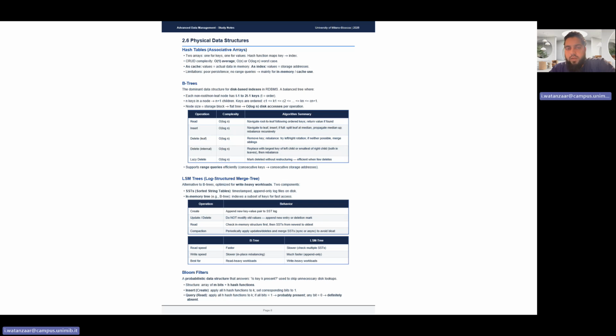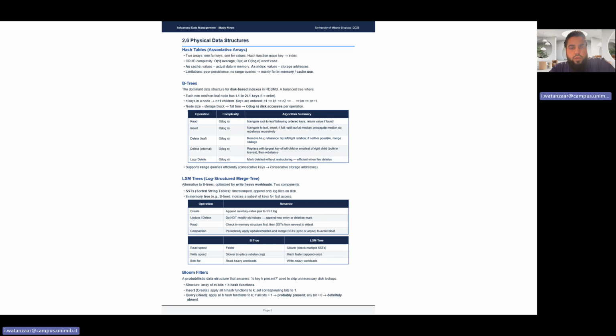Keys are stored in ascending order. C1 is a pointer and K1 is a key, so C1 is less than or equal to K1, and K1 is less than or equal to the C2 pointer, and so on. We are going on.